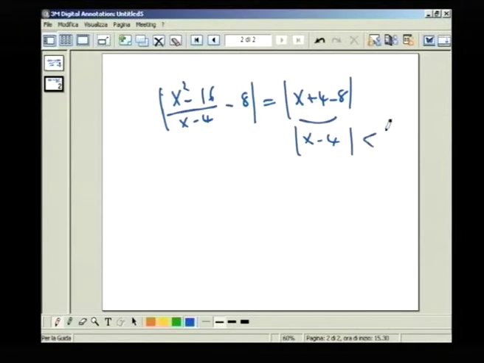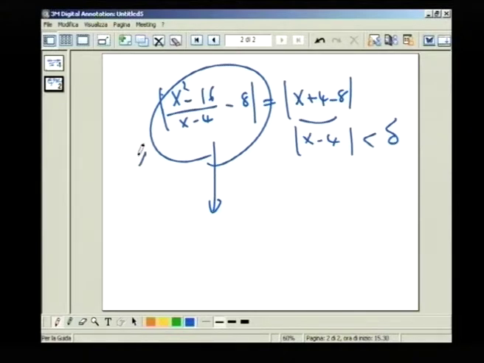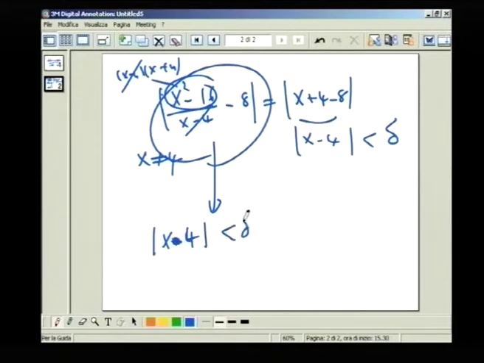So if this is less than delta, then this is also less than delta, because as long as x is not equal to 4, the numerator is x minus 4 times x plus 4, and this cancels out, and you end up with x plus 4 minus 8, which is x minus 4. And this is exactly your deleted neighborhood around the point 4.